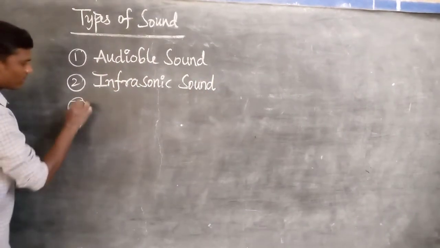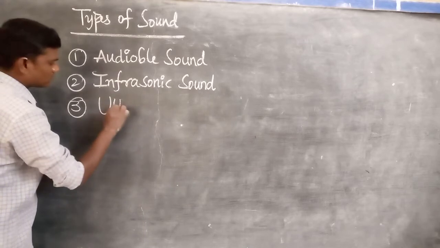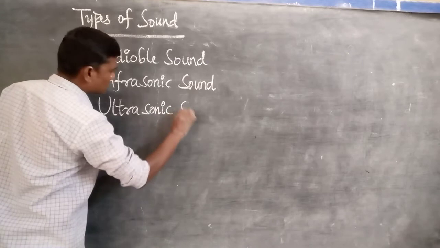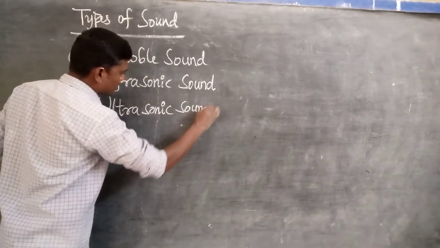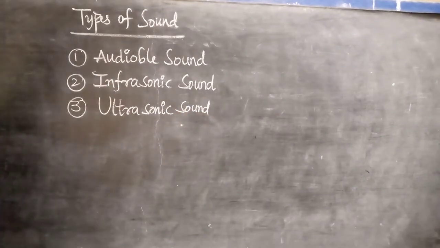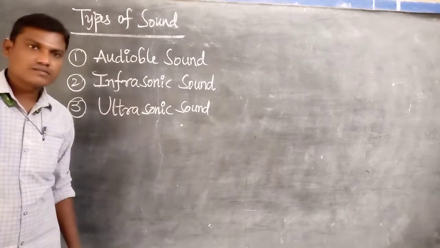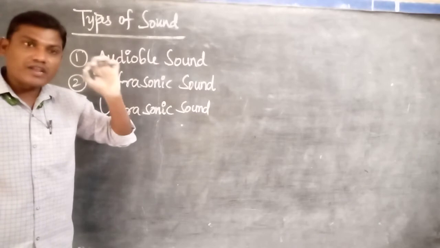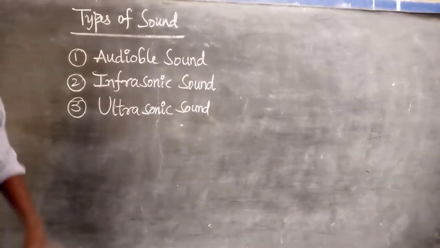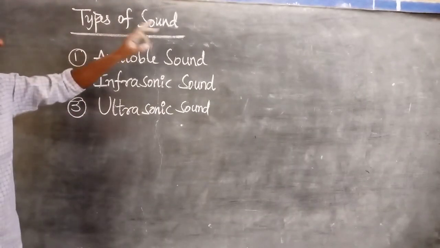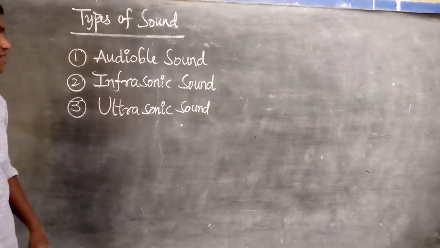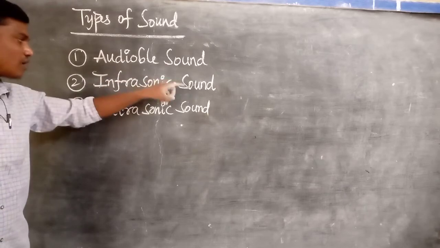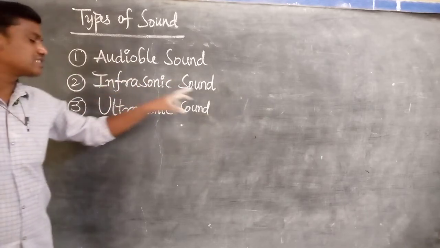Third one, ultrasonic sound. Listen very carefully. Based on the receiving capability of our human ear, sound is classified into 3 types: audible sound, infrasonic sound, and ultrasonic sound.